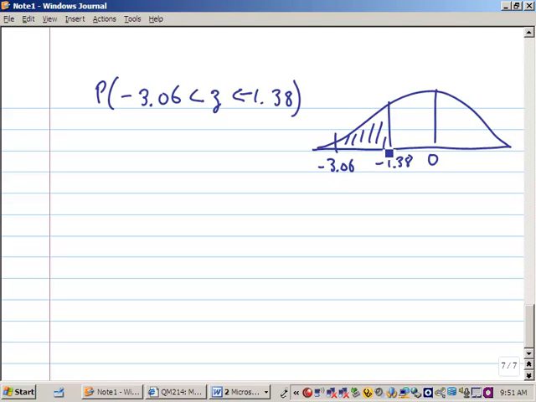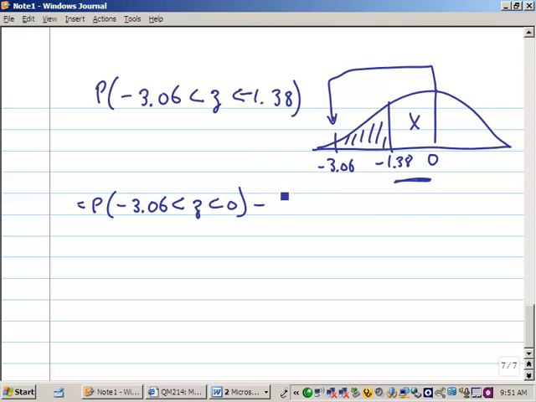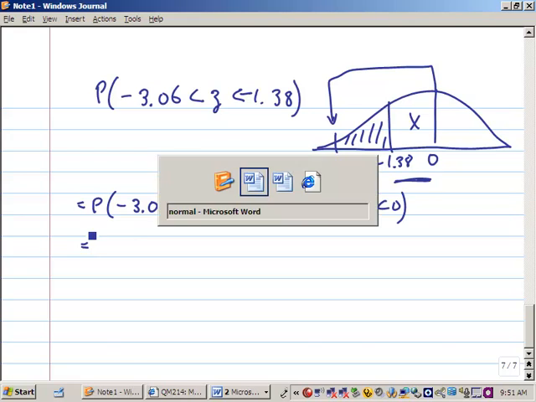We're looking for the probability between those, the area between them. So we do the same thing as before. We take the larger area, in this case from negative 3.06 to 0, and then we subtract out the area from 1.38 to 0.